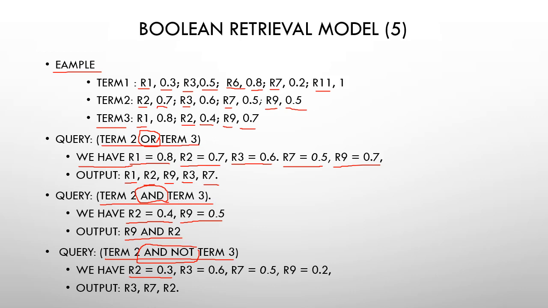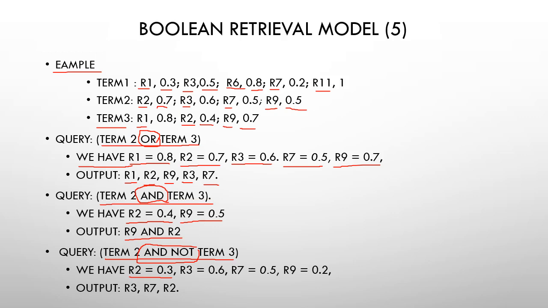Now record number 3, the weight is 0.6. Term number 2 appears on record number 3 and the weight is 0.6. Term 3 does not appear on record number 3. It is actually the same as if we are saying that term 3 appears on record number 3, but the weight is 0.